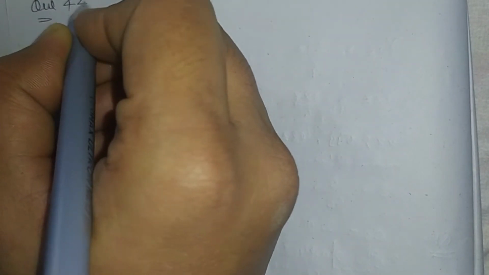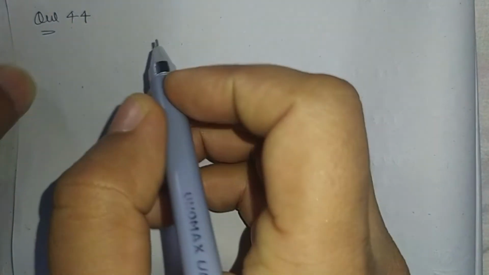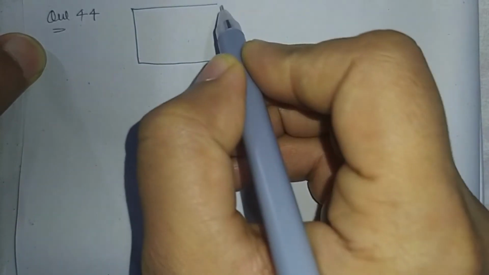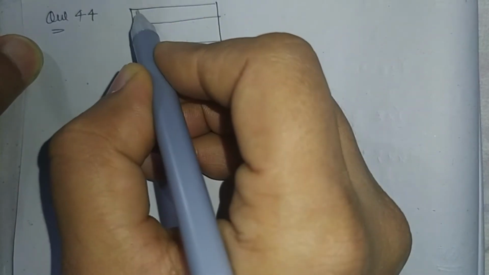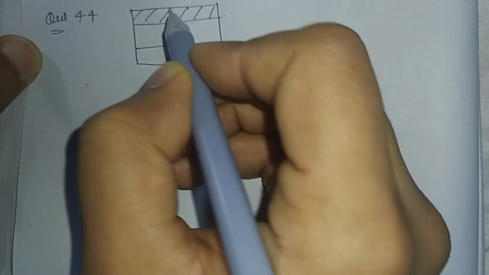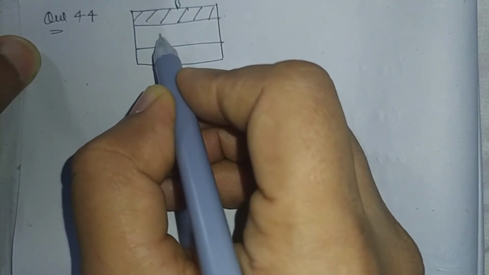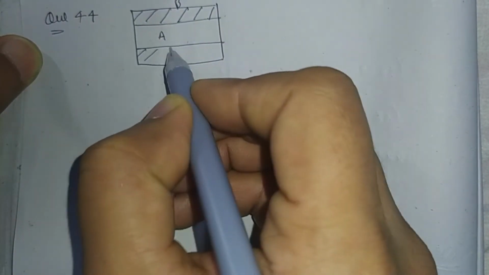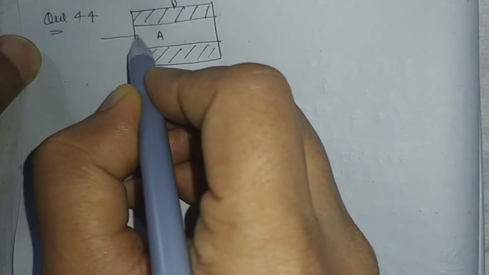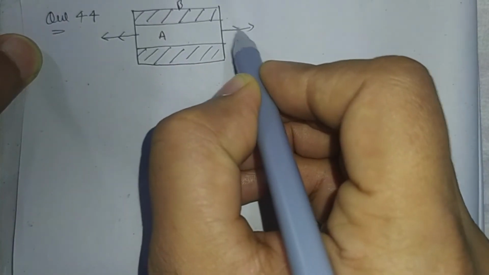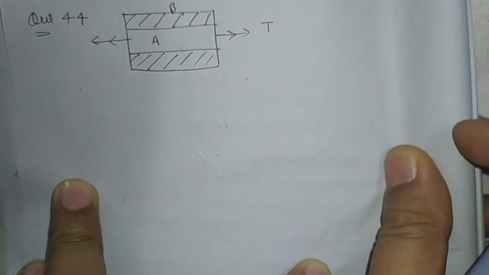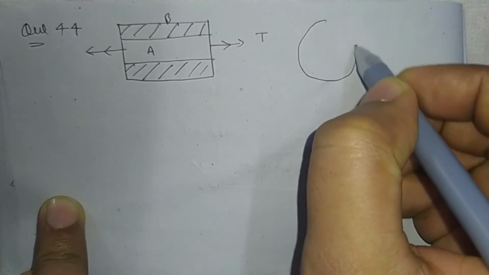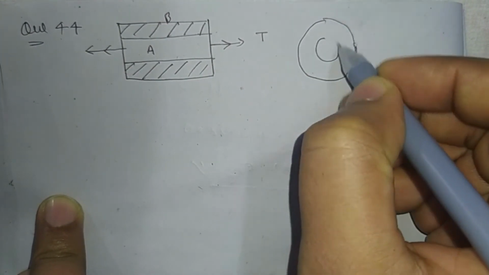Question number 44. Here in the given question, there is a composite shaft which is made up of two materials, material B and material A, which is subjected to a torque T. This is the side view of the shaft.